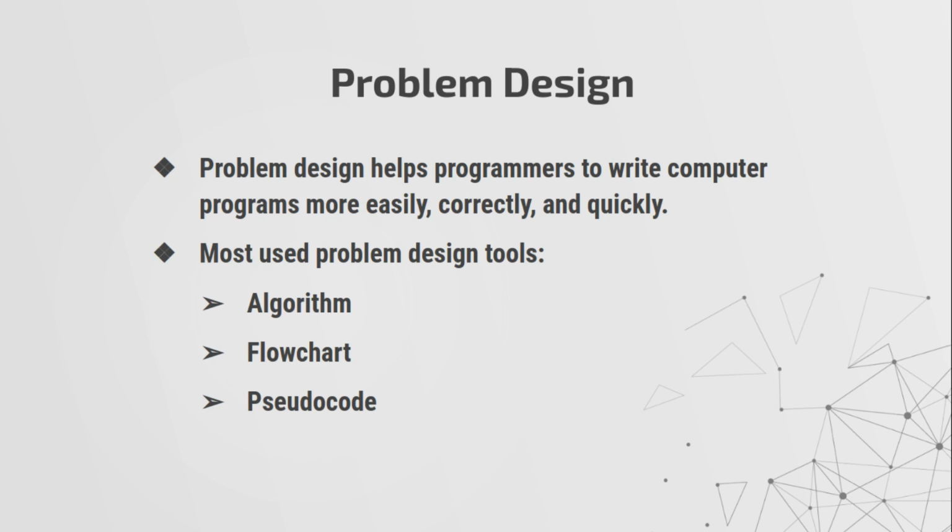Some of the most used problem design tools are the algorithm, writing the steps in pointwise form and terminating that algorithm on a certain result, on a certain output, and a pictorial representation of the algorithm, that is the flowchart.